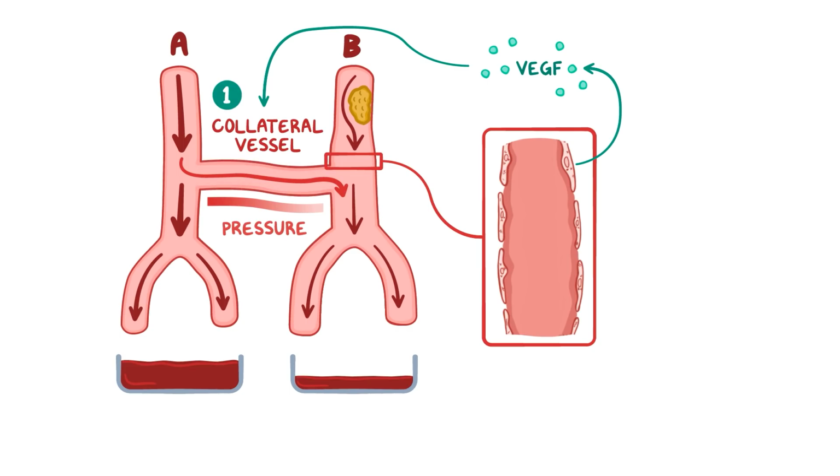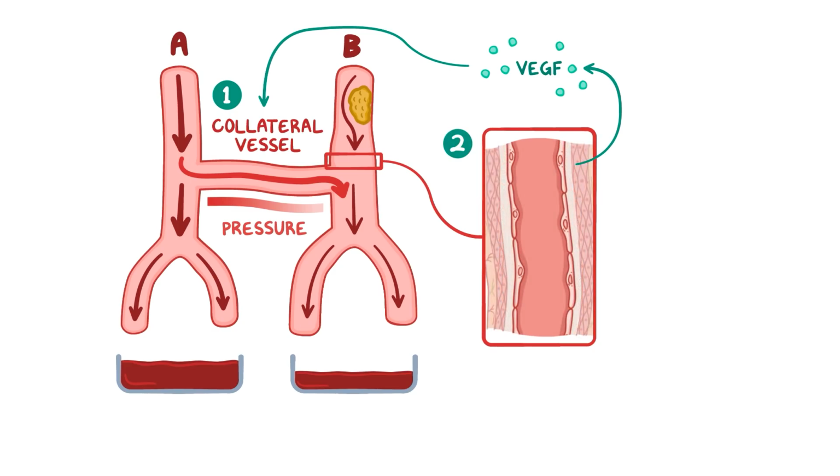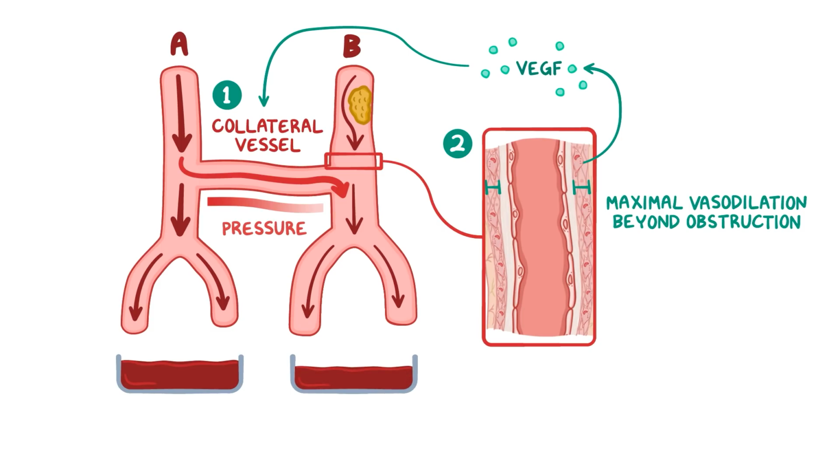First, they cause vasodilation, which allows more blood to flow through the collateral vessel. Second, they promote the proliferation of the smooth muscle cells in the vessel wall, which makes the vessel wall thicker and stronger. Over time, this results in maximal vasodilation beyond the obstruction, and it helps the collateral vessel redivert blood to the ischemic myocardium.